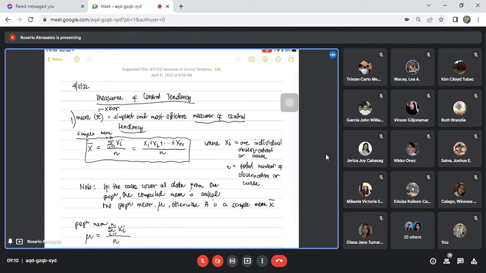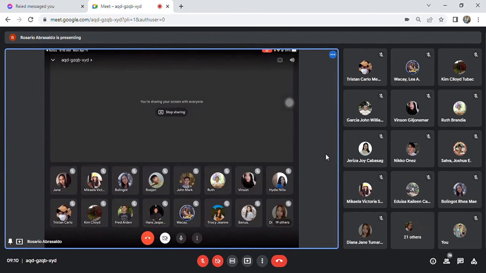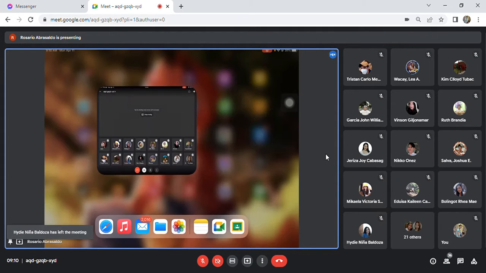Yes, ma'am. The measures of central tendency, commonly used in statistics for measuring the center of a set of data. If you arrange the data in ascending order, or order of magnitude, then the most commonly used to compute the average are the three measures.